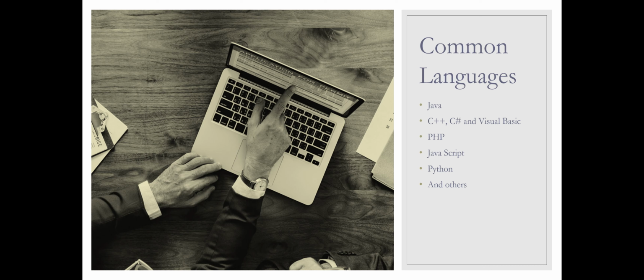Each language has something it is best trained for, like PHP for content management systems, C++ for hardware and programming hardware, or gaming. Each language has the ability to be the best in a particular area.